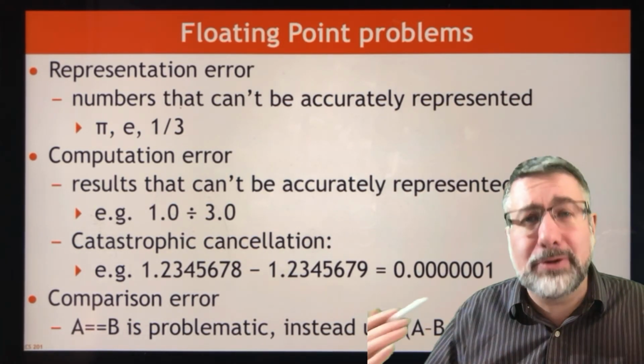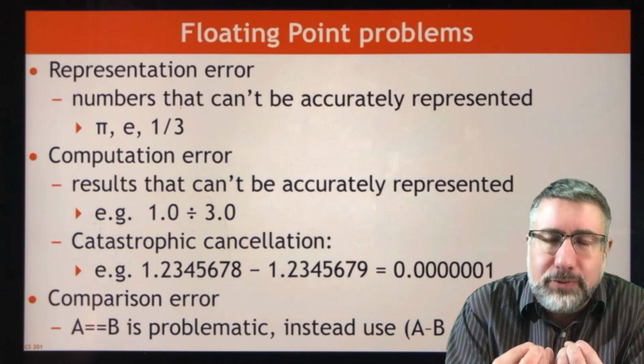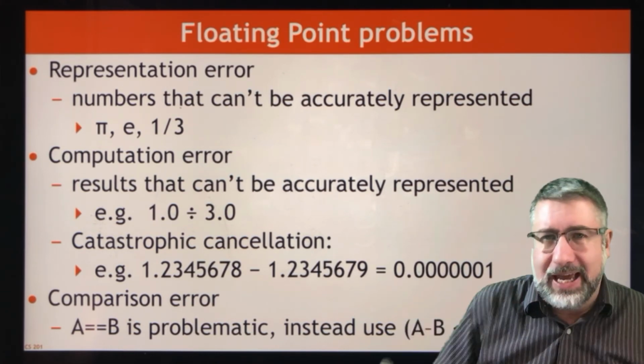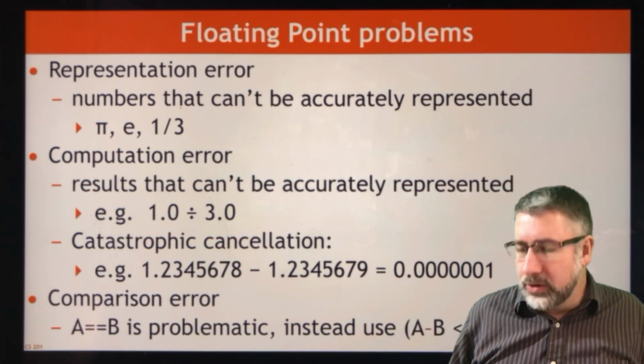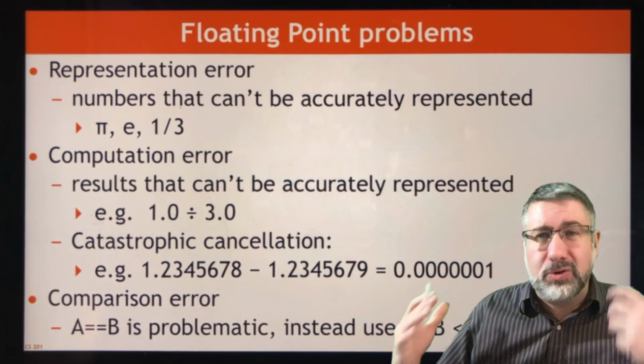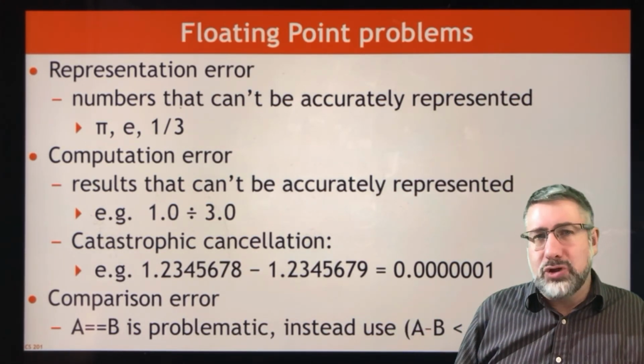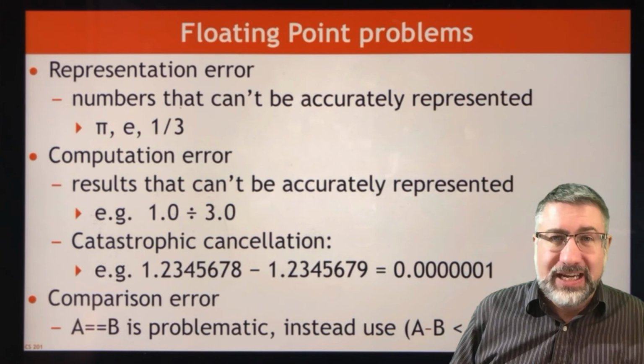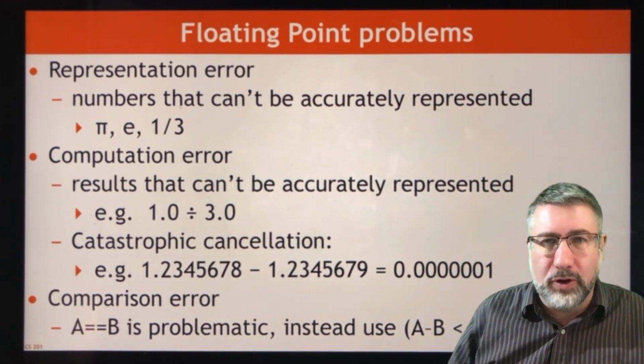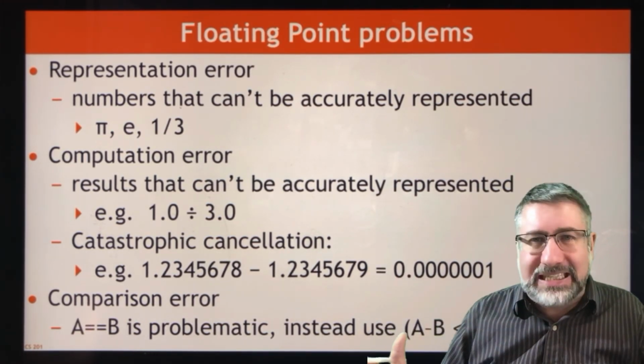You can do a computation with numbers that are perfectly representable and the result can't be represented, right? So that's like 1 divided by 3. You don't get the right answer. You can have what we call catastrophic cancellation, which is a fancy word for getting rid of all of the significant digits.